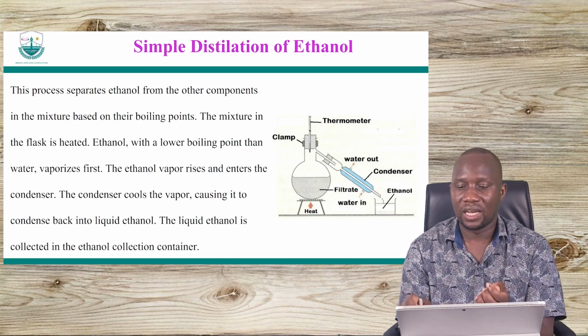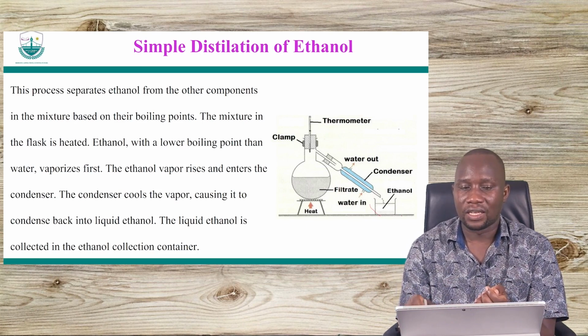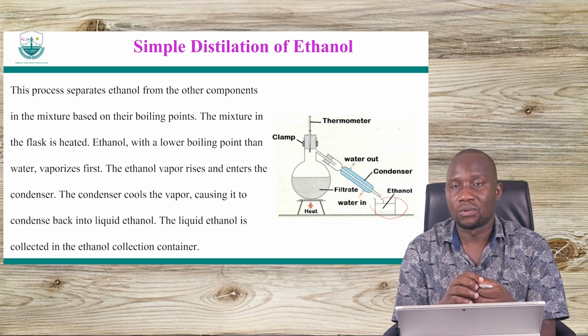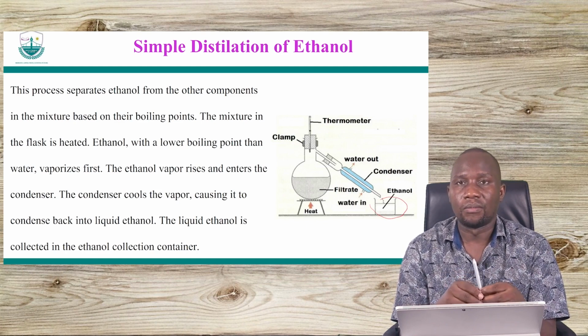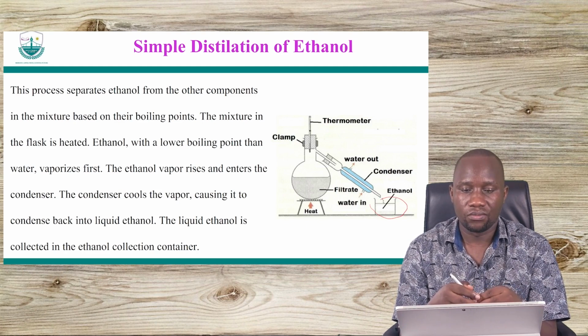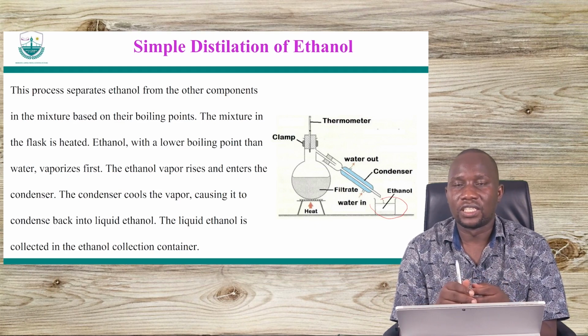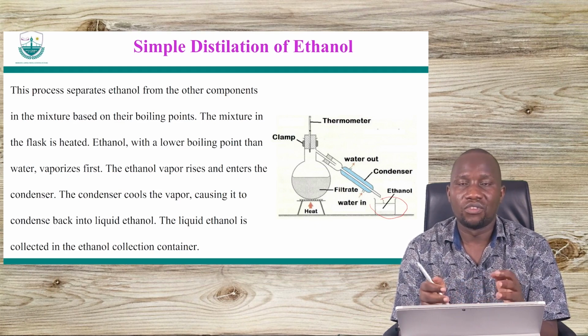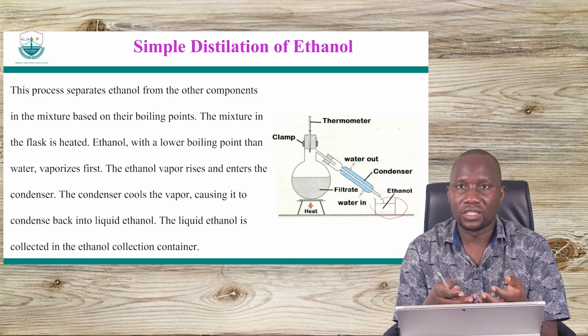So what you basically collect here is pure or concentrated ethanol. Okay, concentrated ethanol. So you take it away, and then what remains is the water, because it has not yet reached its boiling point.